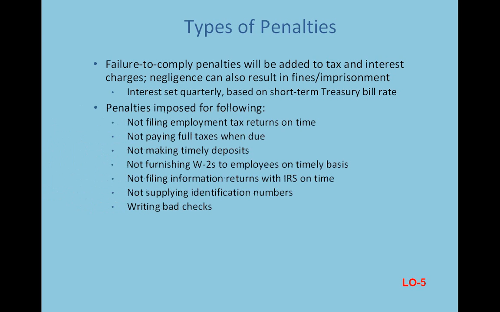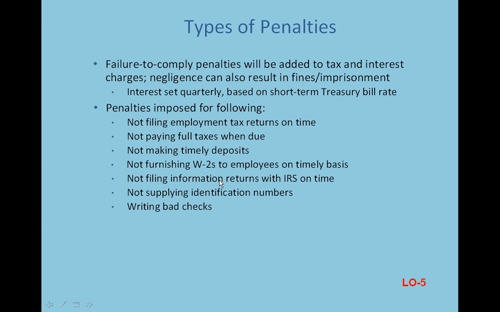Here's a list of issues dealing with the penalties imposed for the following. As you might expect, the Social Security and IRS have penalties for all these things: writing bad checks, not giving the ID numbers. That can be rather inadvertent. But with electronic filing, oftentimes the software keeps you from doing that, which is nice. It's a nice protection. But if you failed to put the ID number in, technically you might incur a penalty.